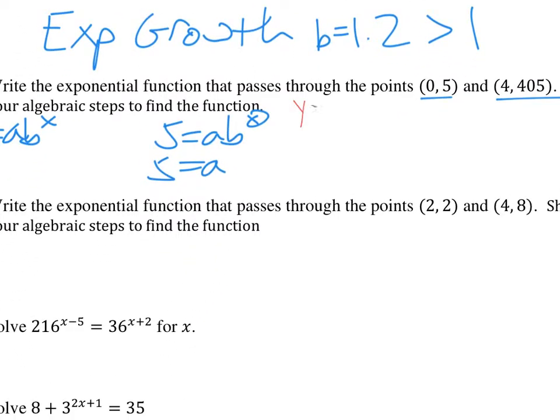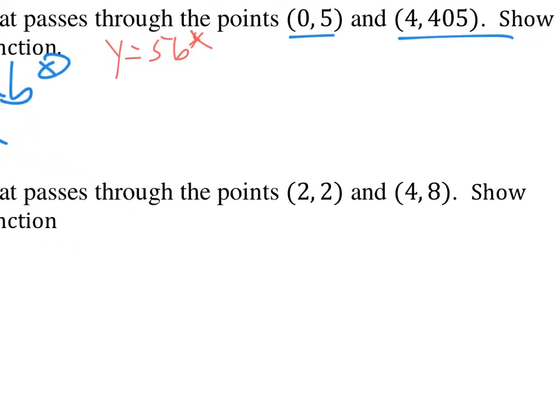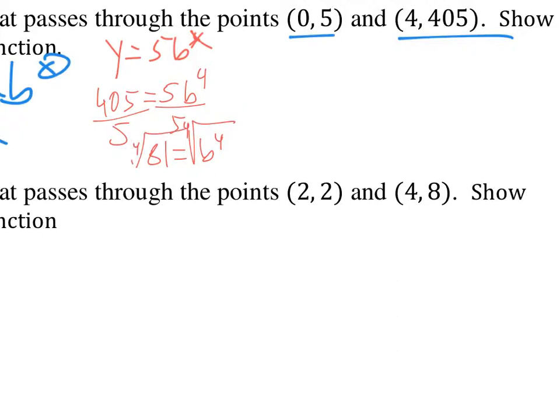So we got y equals 5 b to the x, and let's put 4 in for x and 405 for y. So 5b to the 4th. Let's divide everything by 5, and we've got 81 equals b to the 4th. Take the 4th root there, and we have that b is 3. The 4th root of 81 is 3.